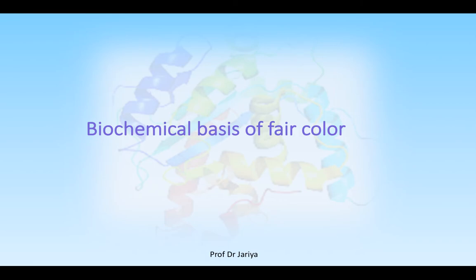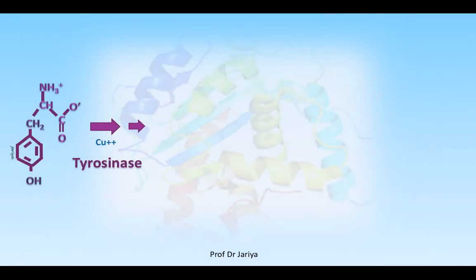The individuals with PKU are fair colored because melanin formation occurs through tyrosine, but in this case, tyrosine is not formed from phenylalanine. Here we can see that melanogenesis begins with conversion of the amino acid tyrosine to dopaquinone.